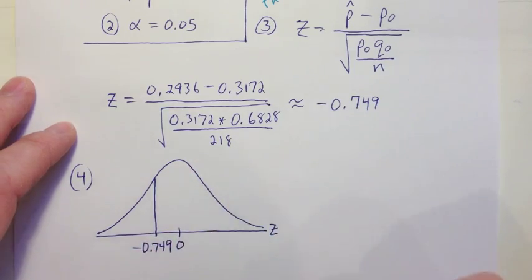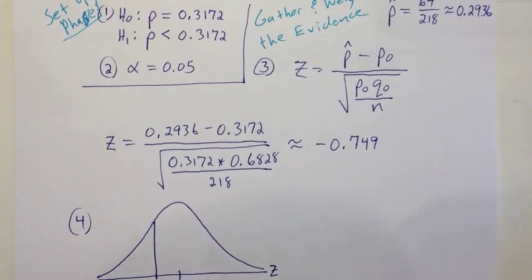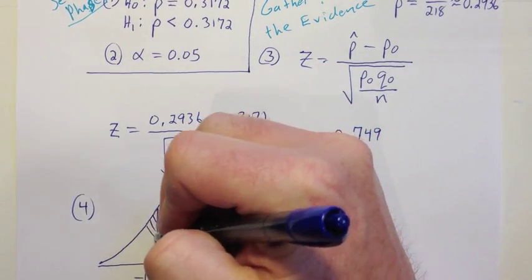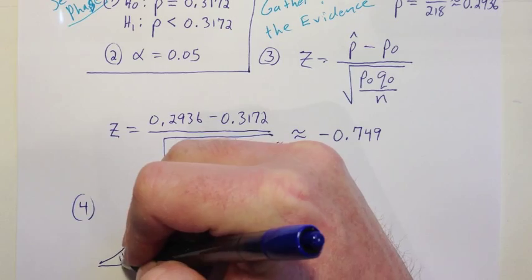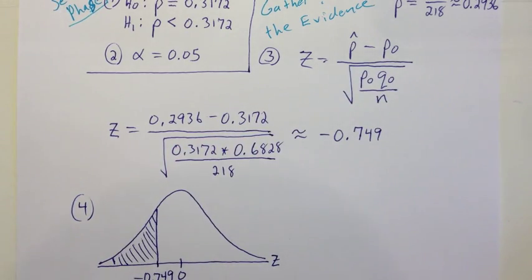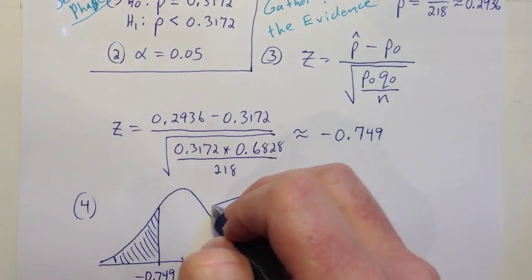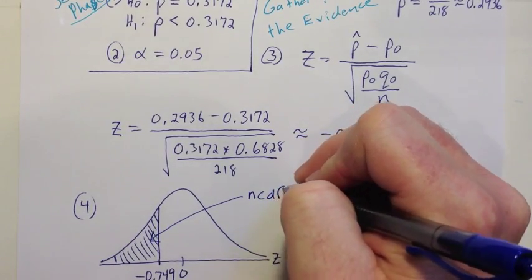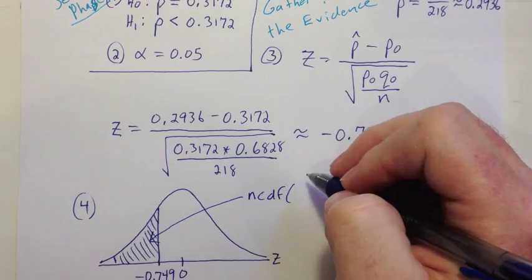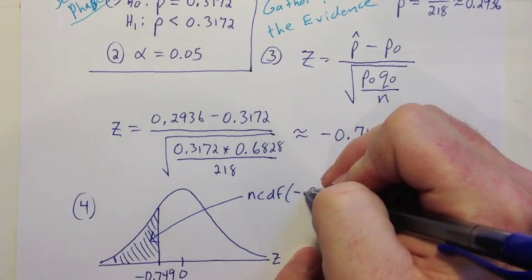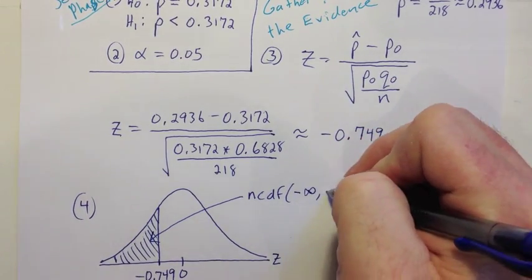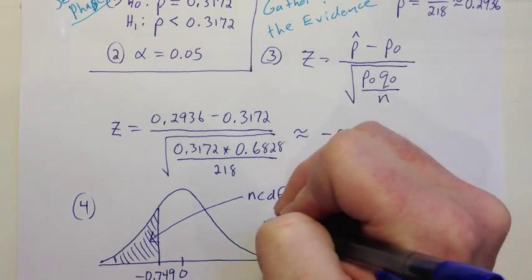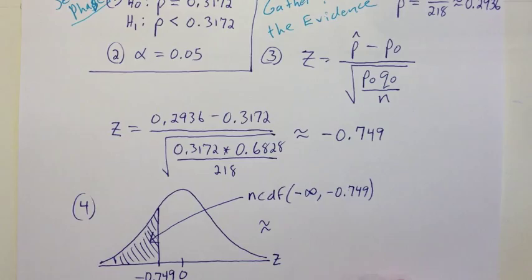This is a left-tailed test, and we can see that in H1 because it has a less than. So on a left-tailed test, our p-value would be the area to the left of our test statistic. I just want to know how big that area right there is, and I can find that using normal CDF because this is a z-score, with left boundary negative infinity, right boundary negative 0.749, and we'll go to the calculator and see how big that is.